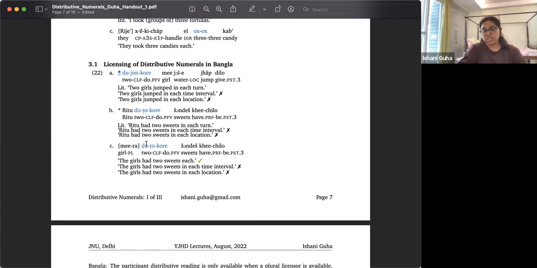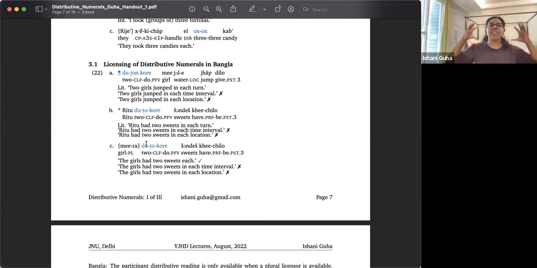Similarly, Ritu duto kore sandesh kheyechilo doesn't mean anything unless you have established a proper discourse. The moment you say Ritu duto kore sandesh kheyechilo, you ask duto kore as in what sequence or in what frequency, duto kore with respect to what? That is the question that you are asking the speaker, right?